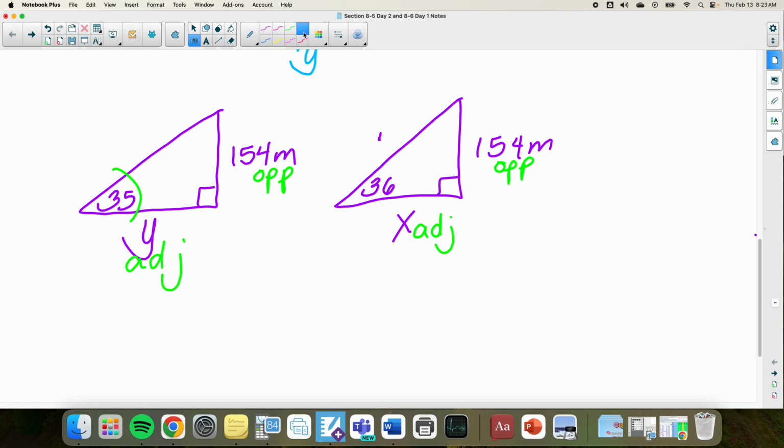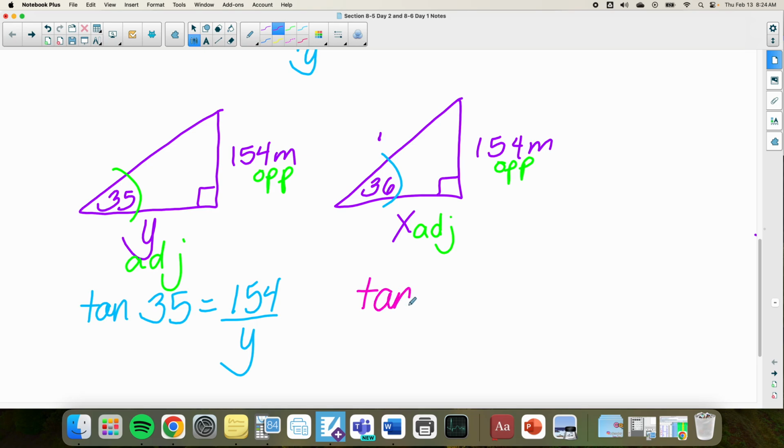So what I can do is go tangent of my 35-degree angle is opposite, which is 154, over y. And then here, I would do that same thing, okay? So in this one, I would do tangent of 36 equals opposite, which is 154, over adjacent, which is x.